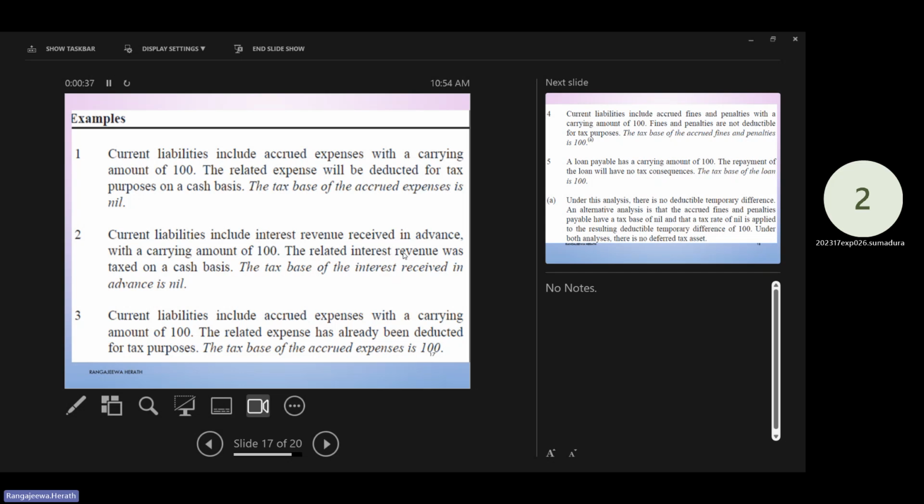For tax purposes the double entry is cash debit, interest income credit. So the tax base of the interest received in advance is 0, because there is no such liability as per the tax law. So again, carrying amount 100, tax base 0. There's a 100 difference, which is a deductible temporary difference, which will lead to a deferred tax asset.